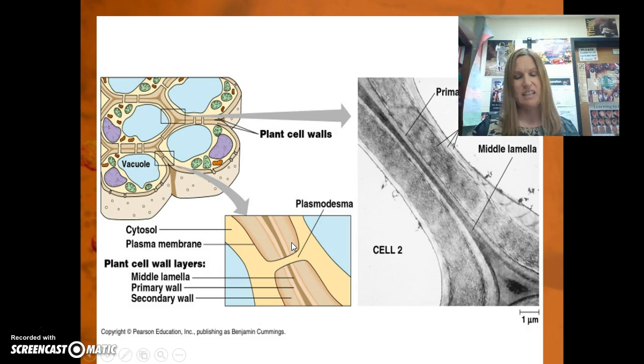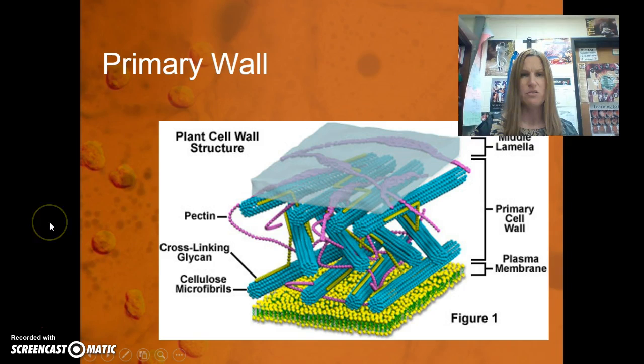And then we see again on the other side, which is the cell right next to it, its primary wall, and then its secondary walls and the cytosol. And again, we're going to see the same thing here. If you look at this one, we've got the primary wall, and then the secondary wall, and then we have the cytosol. And the middle lamella is what separates the cells.